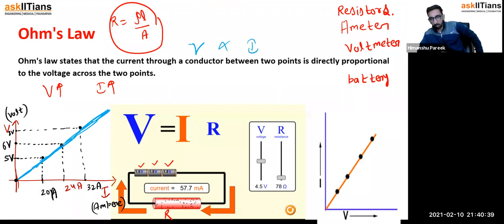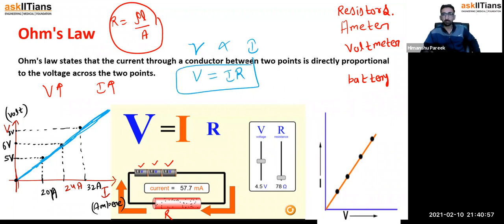But coincidentally, what happens is very amazing. And when you try to find out this proportionality, we observe that the proportionality which is coming out to be is the resistance of the wire. That is very amazing, that we are changing V with I, and that is making the current value also change.